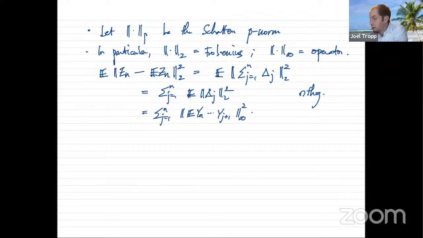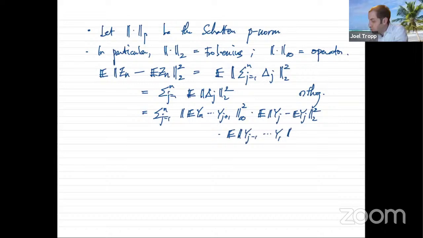So I'm breaking this down. We've got a deviation term in the middle, which is going to keep the Frobenius norm on it, Schatten 2 norm. And the last term is the product of the random matrices yj down to y1.